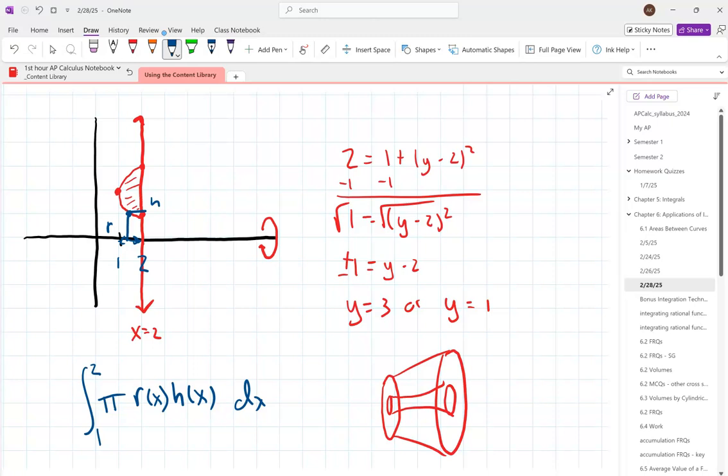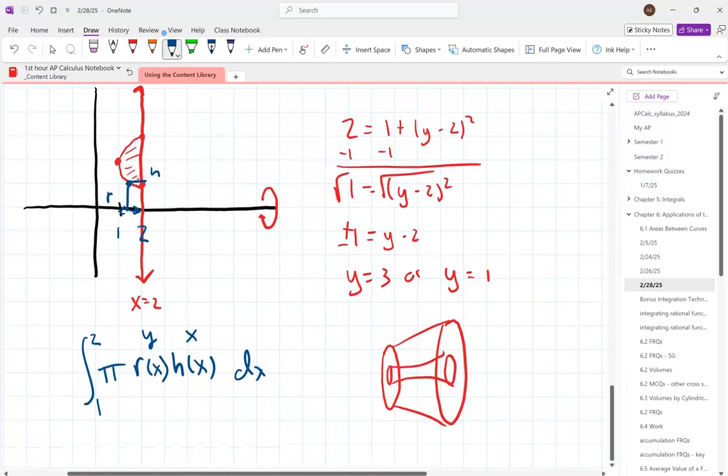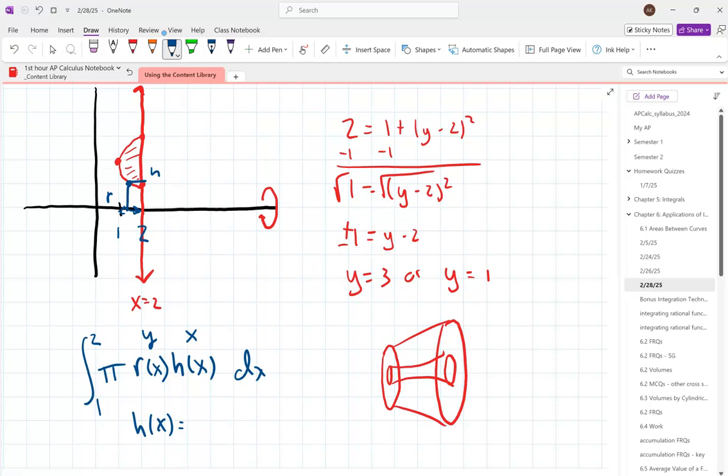So I noticed that r of x is a y value and h of x is an x value, right? So the h of x is just going to be my function, 1 plus y minus 2 squared.